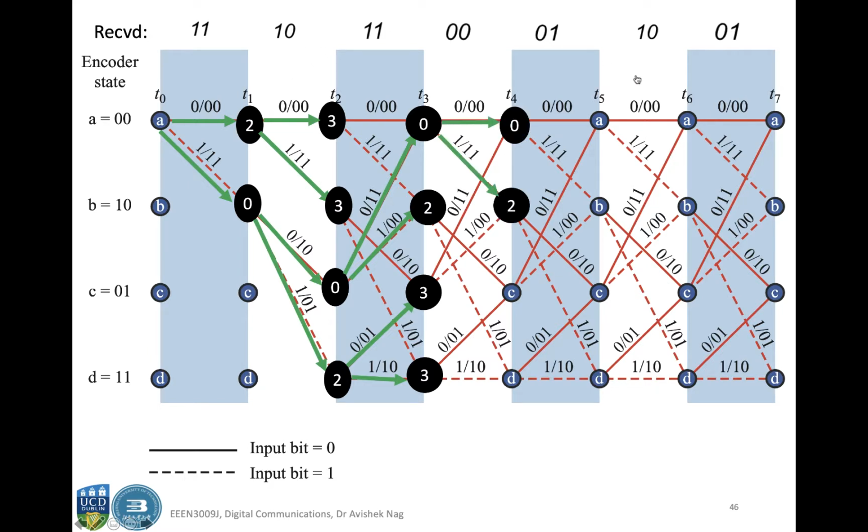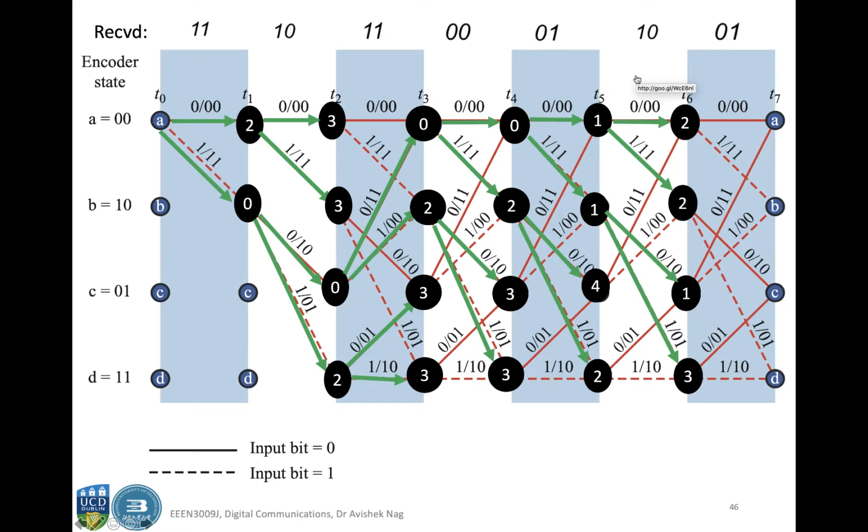Okay, so you find the shortest path, you keep the shortest one and discard the other possibilities, and then you find eventually the shortest path, and then you just look back through the shortest path to find out the original message which was sent. So that is the Viterbi algorithm for you.